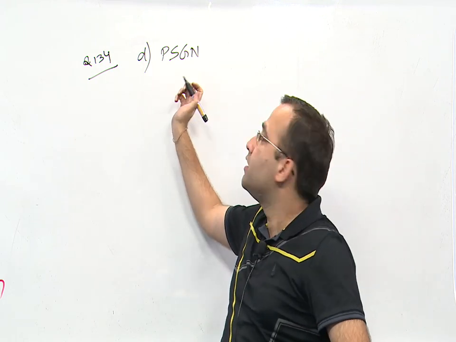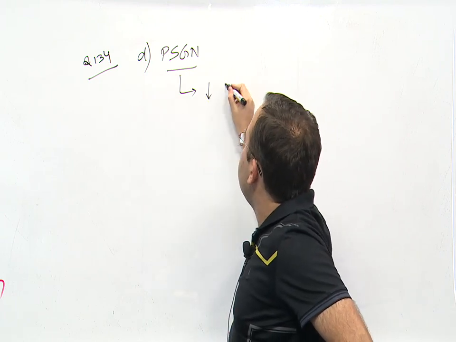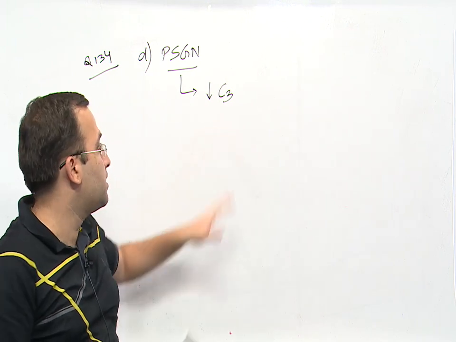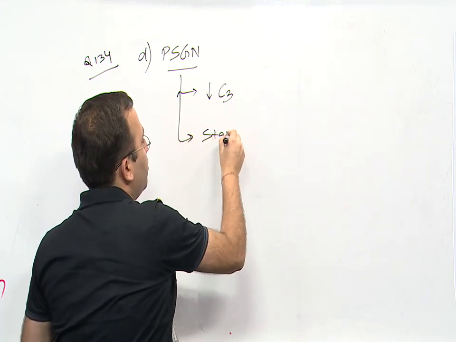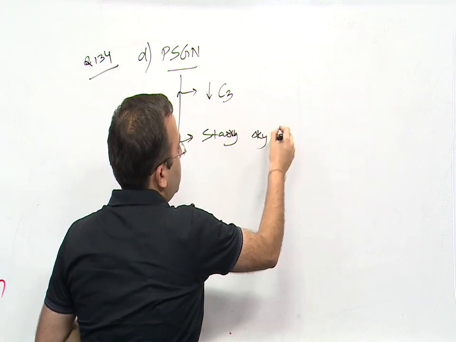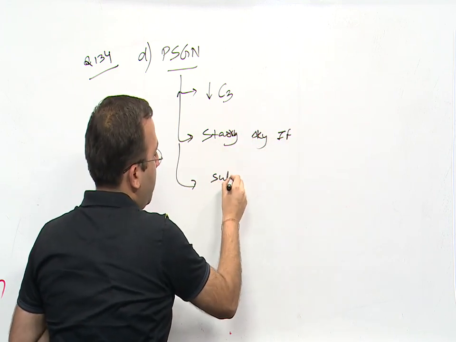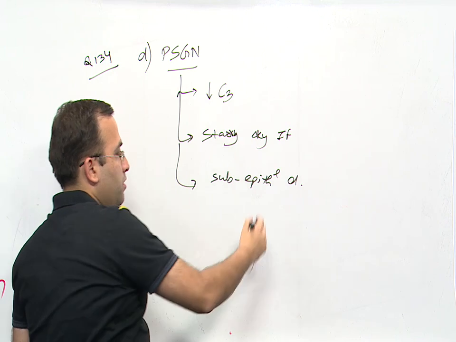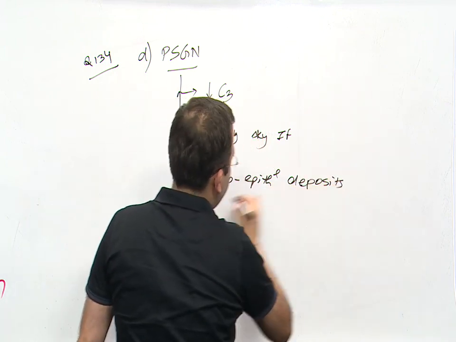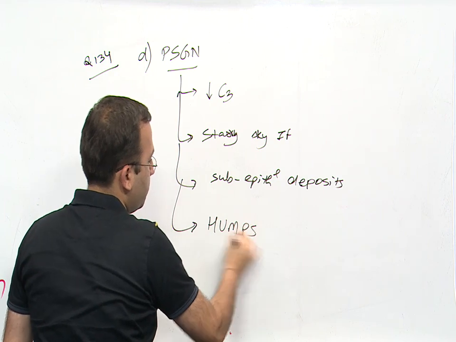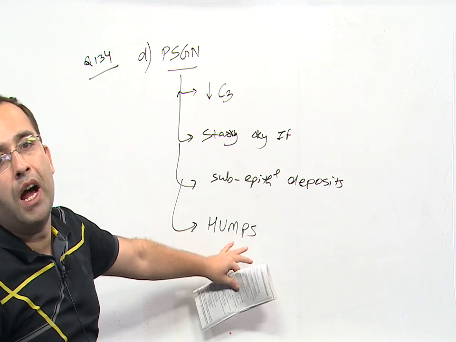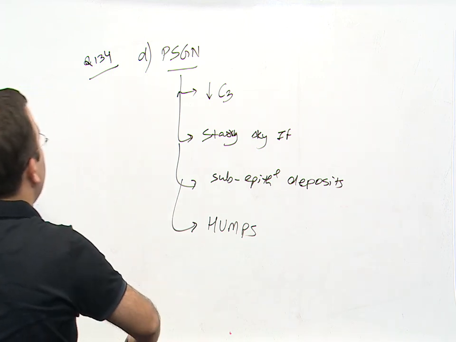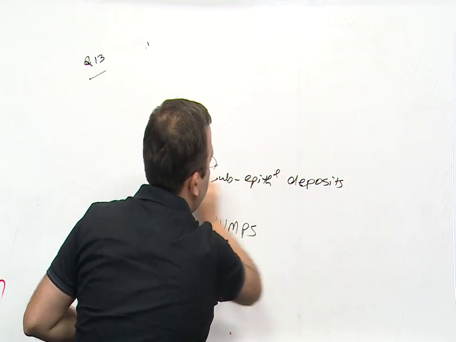PSGN is associated with hypocomplementemia, that is reduced C3 levels, starry sky immunofluorescence, and subepithelial deposits. These deposits have a special name called humps. We have already seen this.